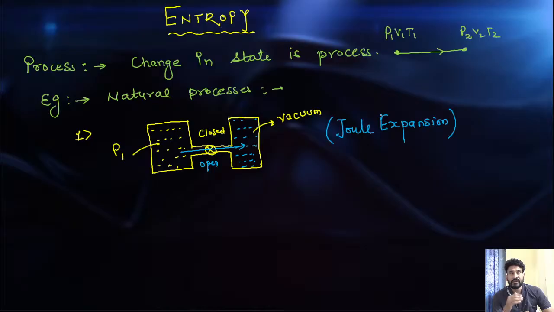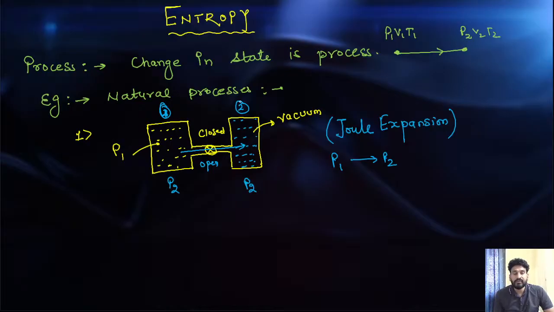So my question is, at what stage is this pressure going to the side of vacuum? You will say, sir, P1 is going to decrease, and at some time the pressure of both chambers will be equalized. This is chamber 1 and this is chamber 2. Let's suppose the initial pressure is P1 and after decreasing the pressure is P2. It means that after opening this wall, this chamber has P2 pressure and this chamber is also at P2 pressure.